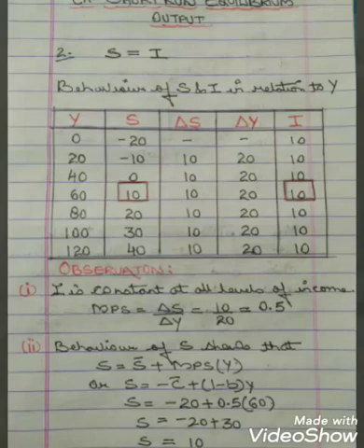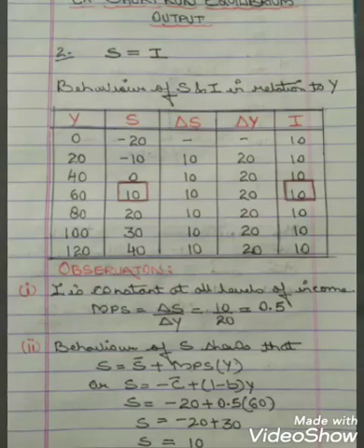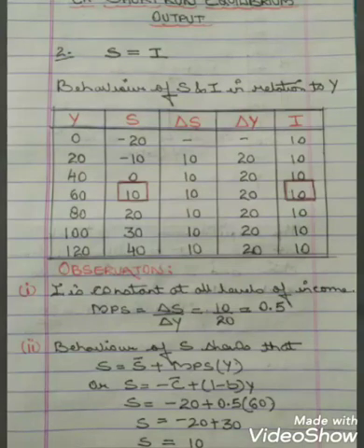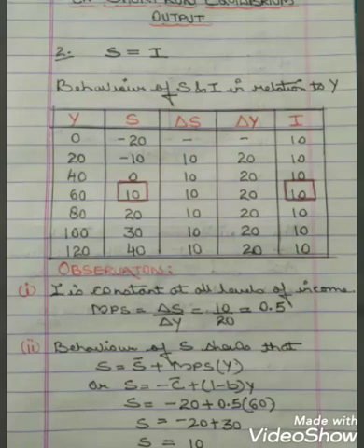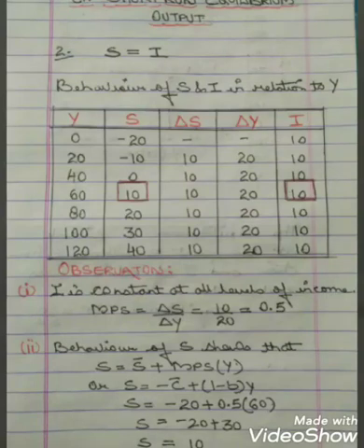Now let us prove it algebraically, as we did in the saving function. The formula shows the behavior of S: S equals minus C bar plus (1 minus b) Y, where minus C bar is the minimum saving and 1 minus b is MPS.